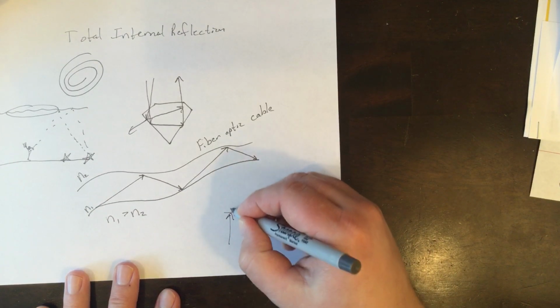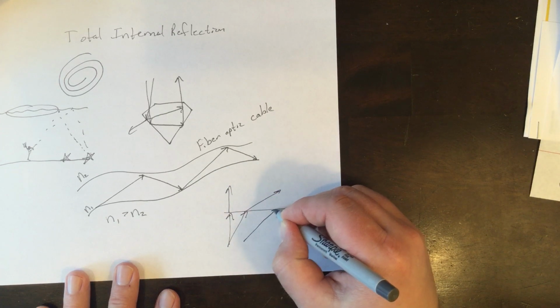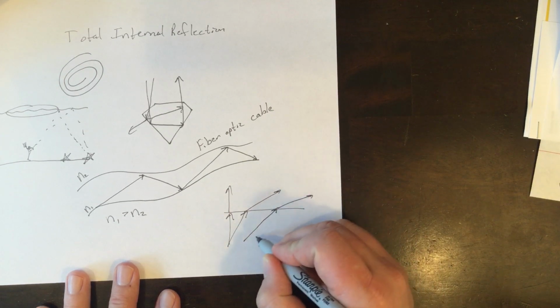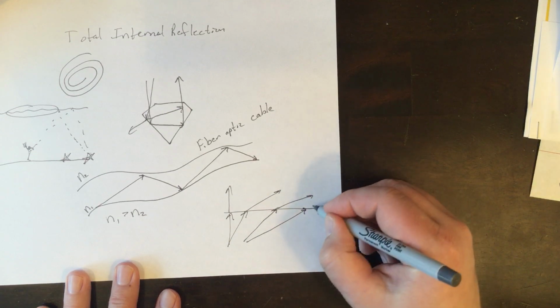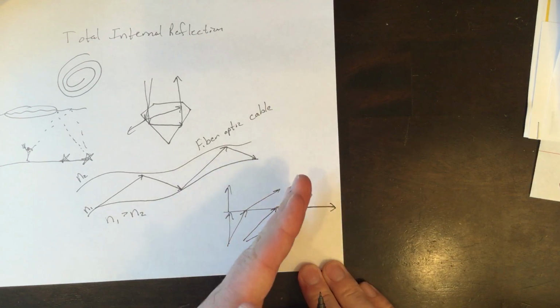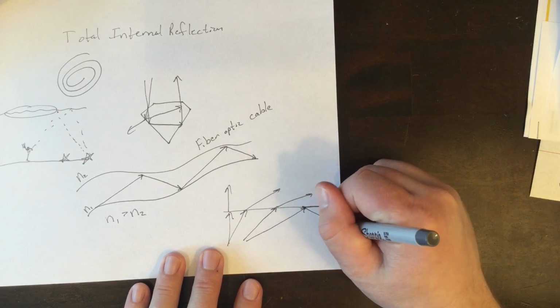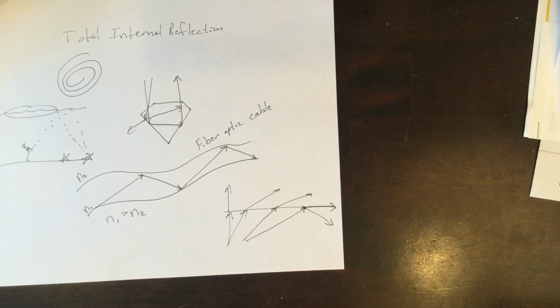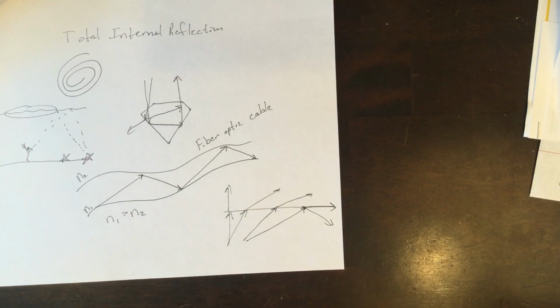Here's my light coming out, goes straight this way, goes a little this way, goes a little more this way. There's an angle that you'll get to where the light ray will bounce straight down the barrier. If we tilt more than that, that is when it begins to be reflected back in. The point at which the light bends straight down the barrier is called the critical angle.